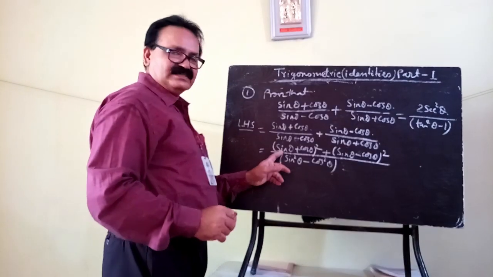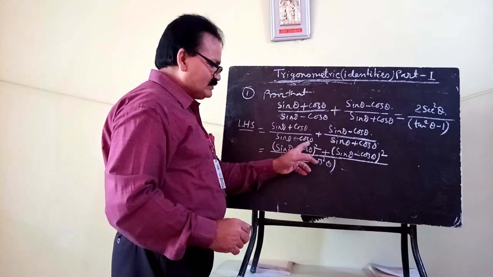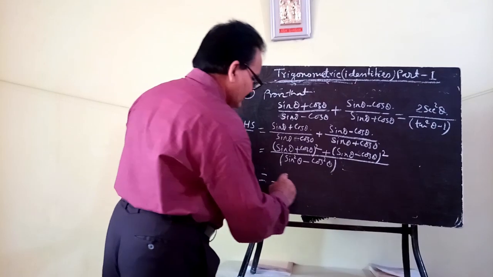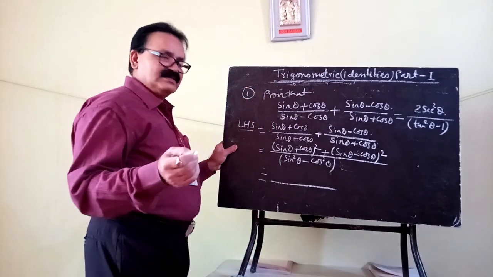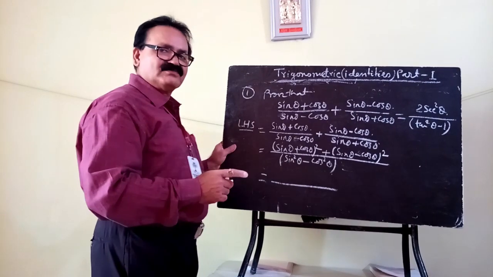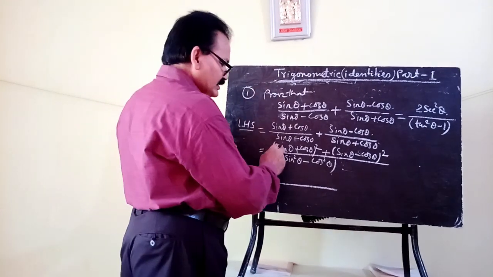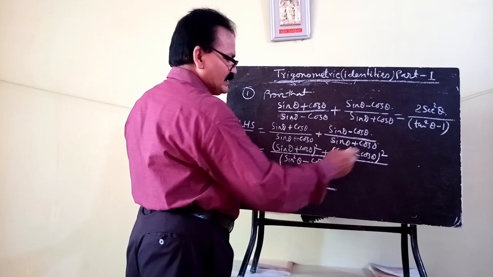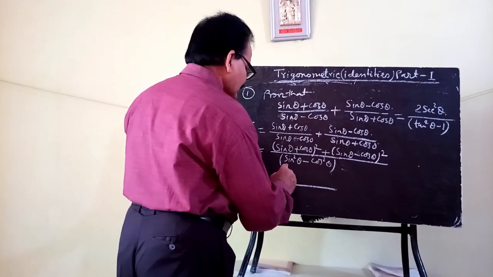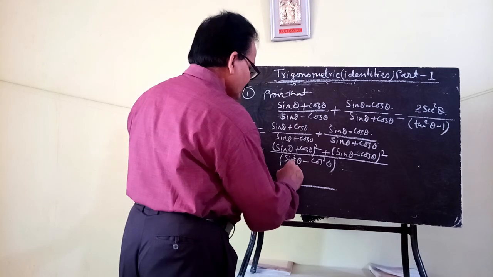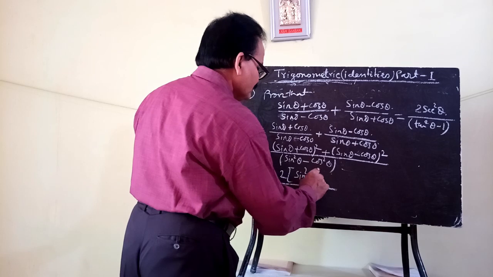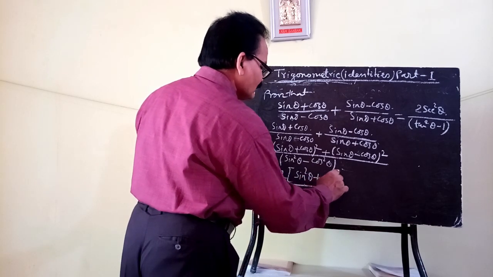Now you see (a plus b) whole square plus (a minus b) whole square. As you have learned in junior classes using the algebra formula, when (a plus b) whole square plus (a minus b) whole square are added together, it is 2a square plus 2b square, that is 2 sin square theta plus cos square theta.